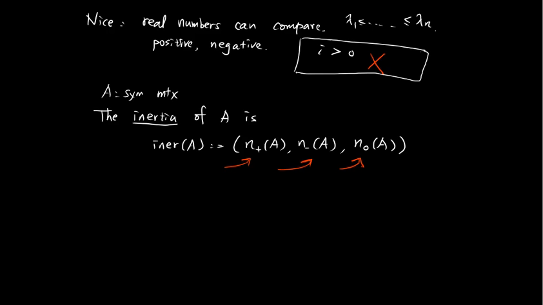These are integers, and they are the number of positive eigenvalues, negative eigenvalues, and 0 eigenvalues, respectively.